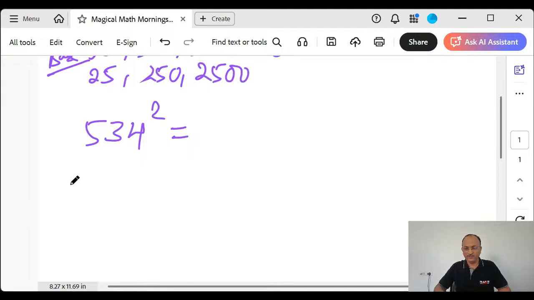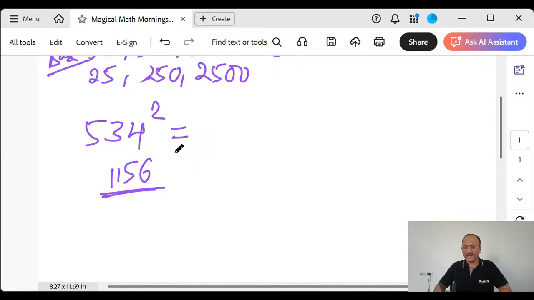Yes, you are taking time to find the square of 34, correct? In tomorrow's session, I'm going to teach you to find the squares of numbers which are close to 5. That means if you know 35 square, you can find 34 square and 36 square also. 34 square is actually 1156. Because of this, you people made the mistake. Now write the answer properly.